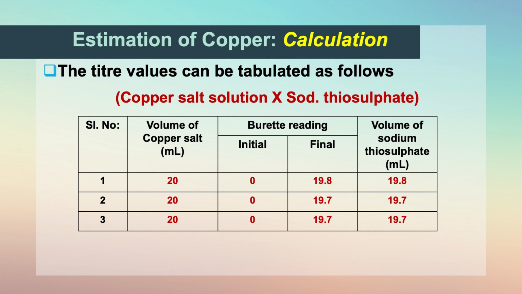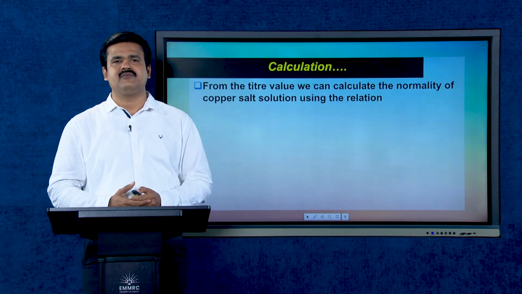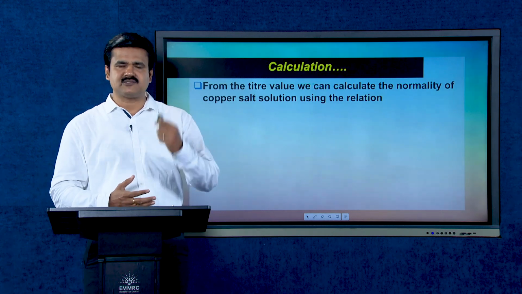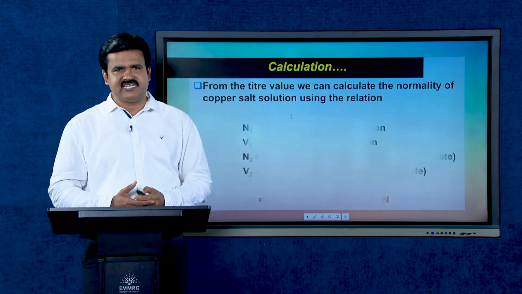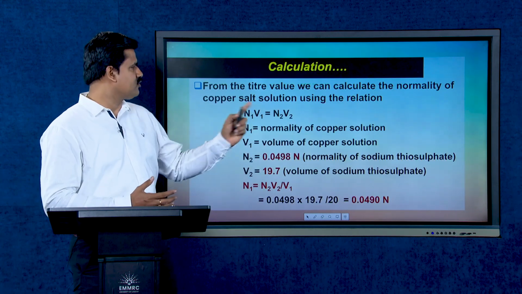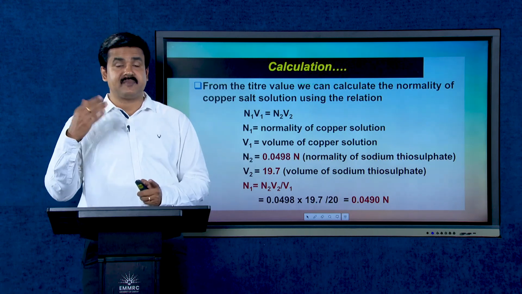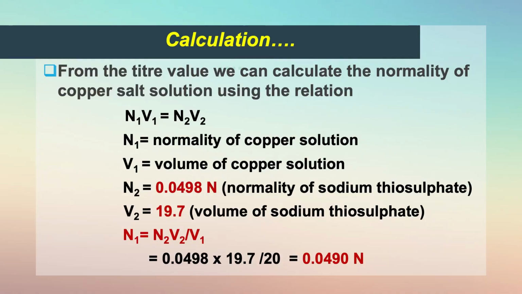From the titer values, we can calculate the normality of the copper solution using the relation N1V1 = N2V2. N1 stands for the normality of the copper solution, V1 stands for the volume of copper solution which is prepared from the brass. N2 is equal to 0.0498 normal, the normality of the already standardized sodium thiosulfate solution.